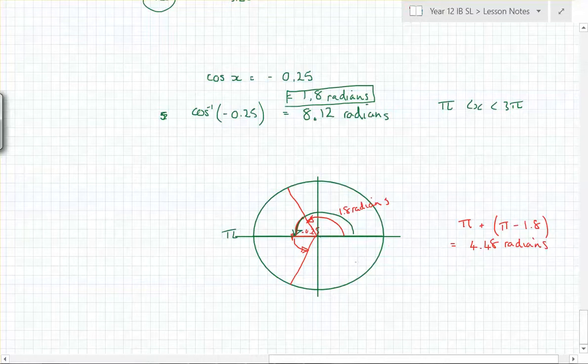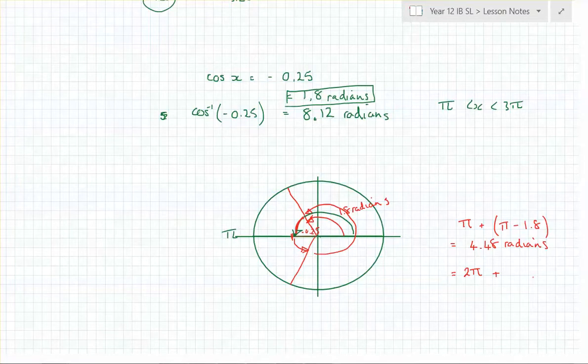Okay. Then we keep going round, and the only time it comes up again is when we've gone all the way round this time. Well, the next one though is quite easy then, isn't it? It's 2 pi plus 1.8 radians. Okay, that gets me to that point.